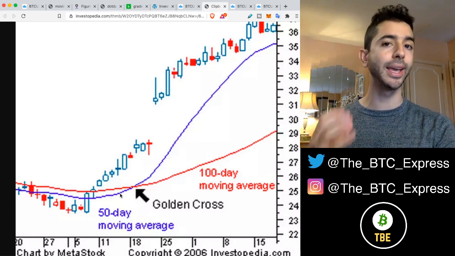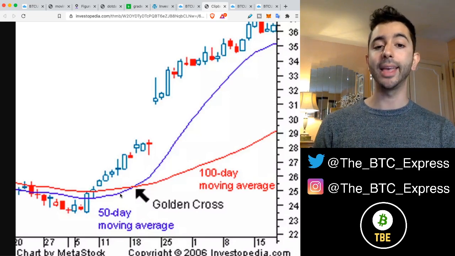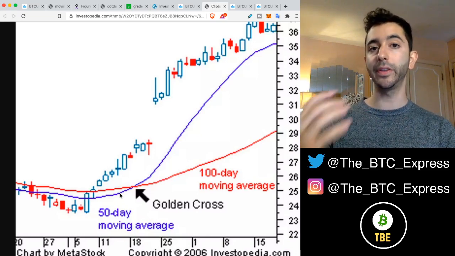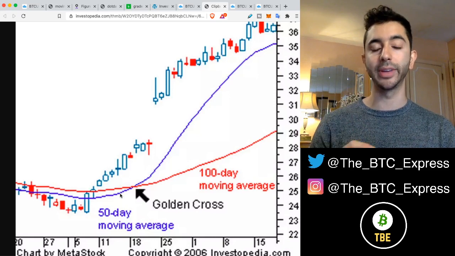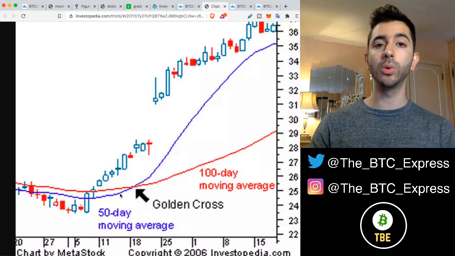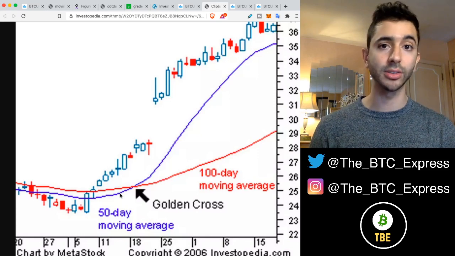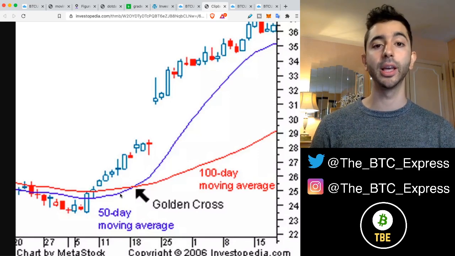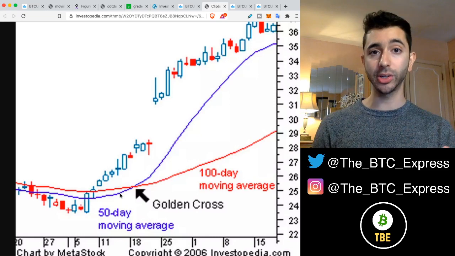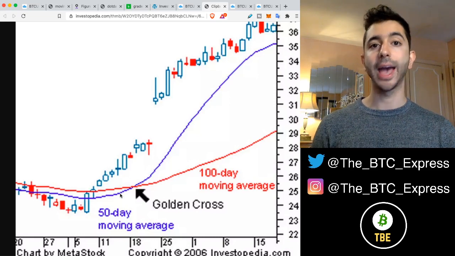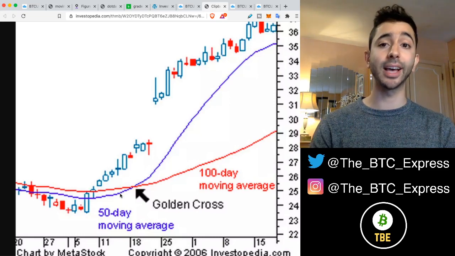This is a buying opportunity. And if the opposite is true, if the 50-day moving average, the short-term moving average, crosses below the 100-day moving average, this is seen as a death cross. So this is a selling opportunity.